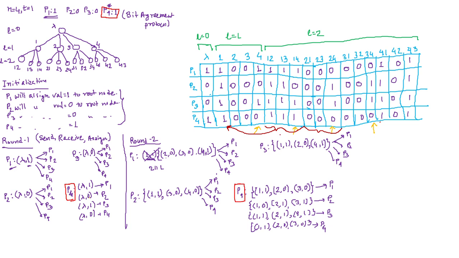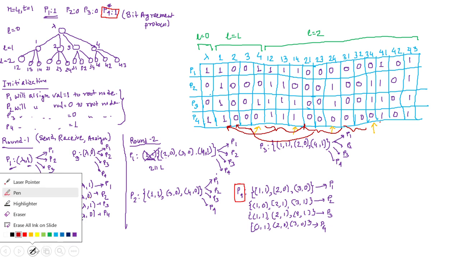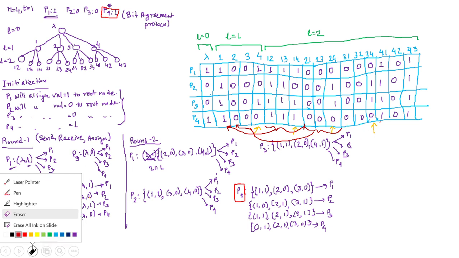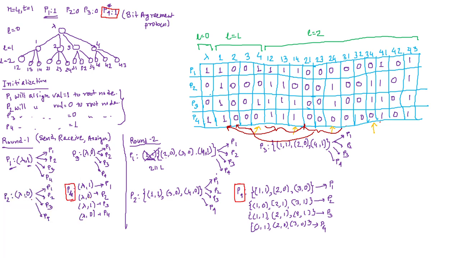Majority of these 3 columns will write to this node. 3 1, 3 2, 3 4, these three will go to this column.